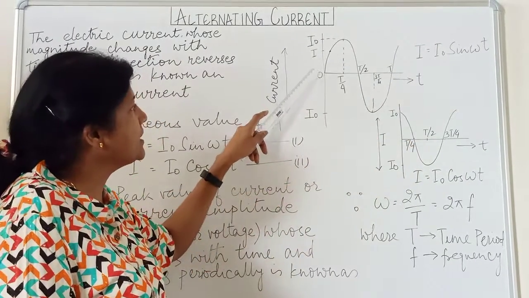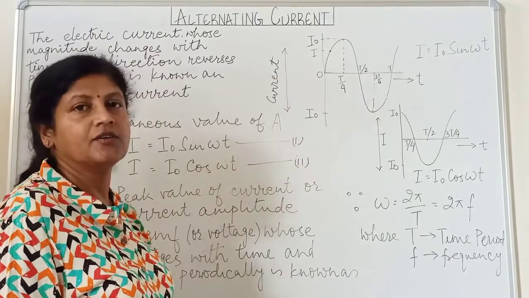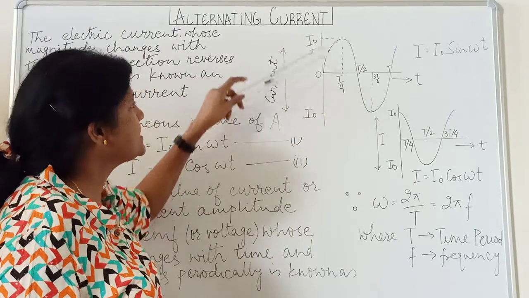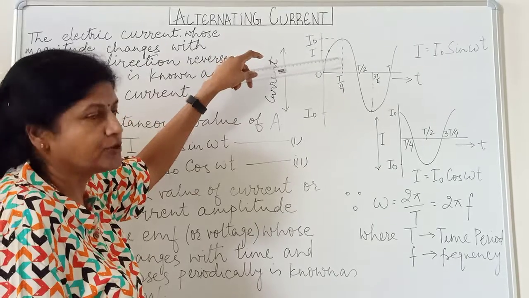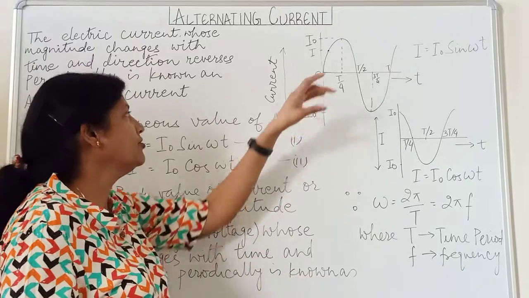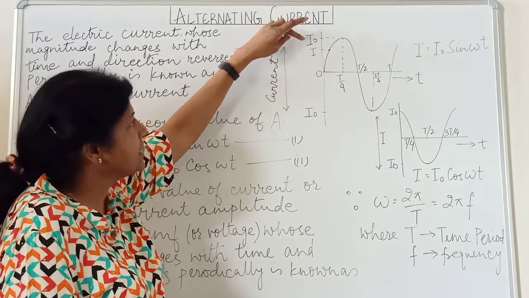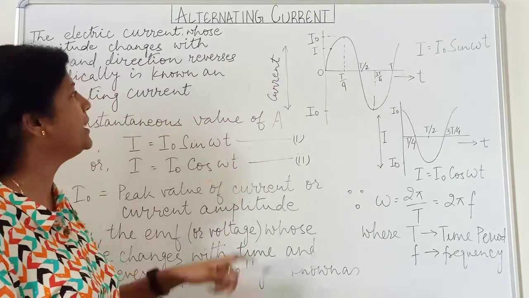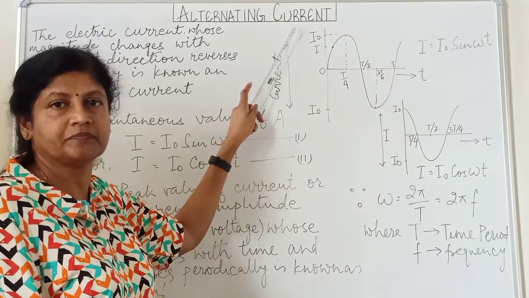If we plot a sine graph, this distance is amplitude, the maximum displacement covered by the vibrating body, and here it is represented by I naught.